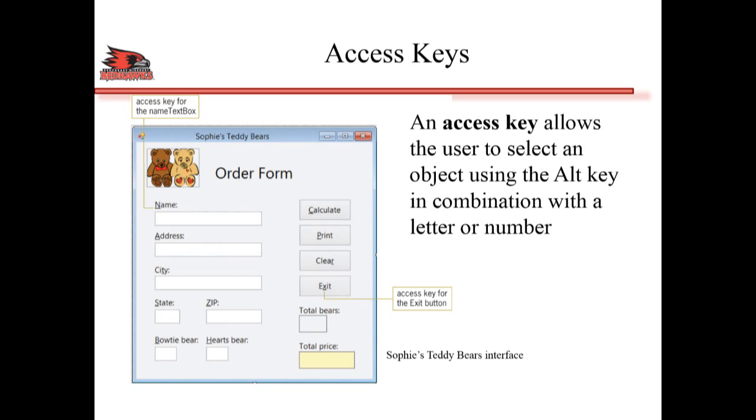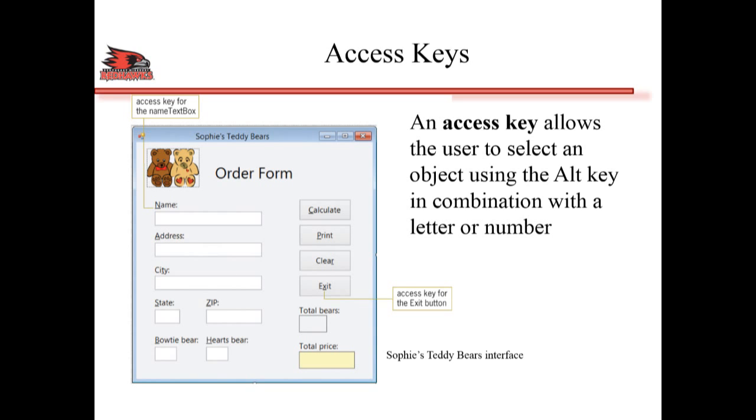What is an access key? It basically is a key assigned to almost every object in your application, a letter or a symbol which, when pressed simultaneously with the Alt key, imitates the action of clicking that object in your program.